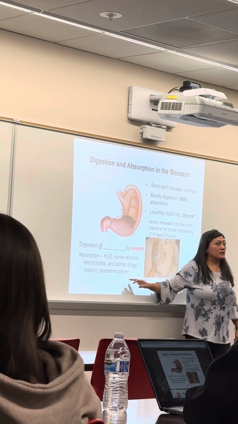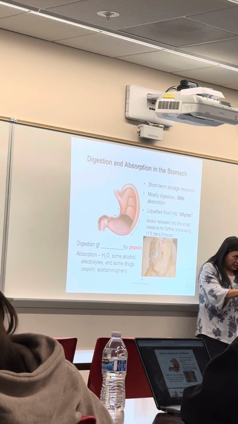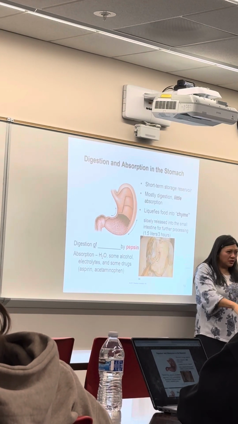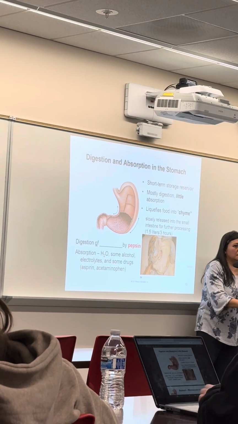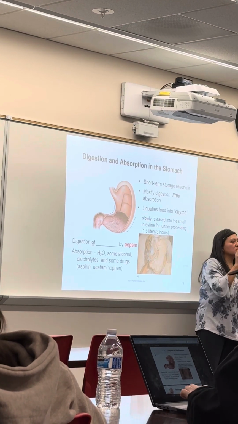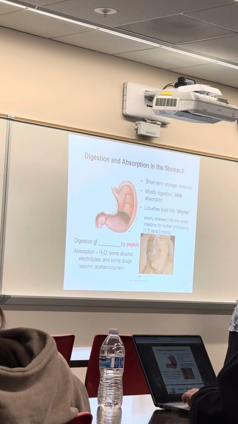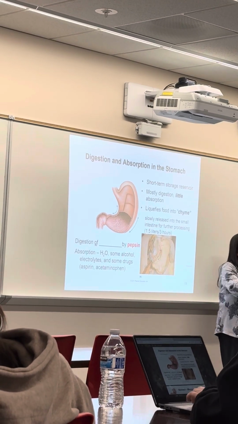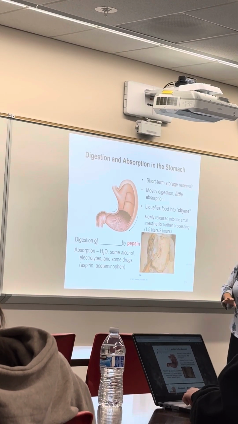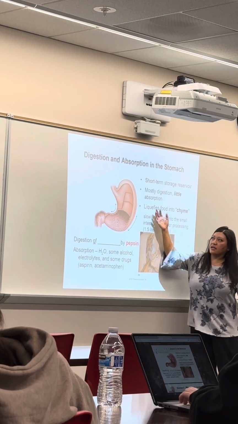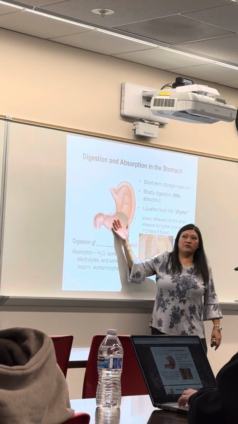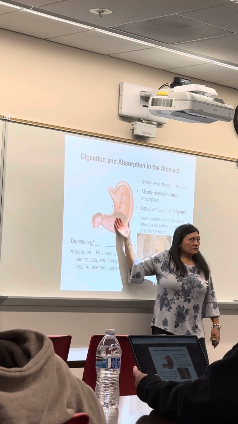Anything that says the word gastric, you should be thinking stomach. Gastric is associated with just the stomach, not the small intestine, not the large intestine, not the esophagus. Gastric is stomach.